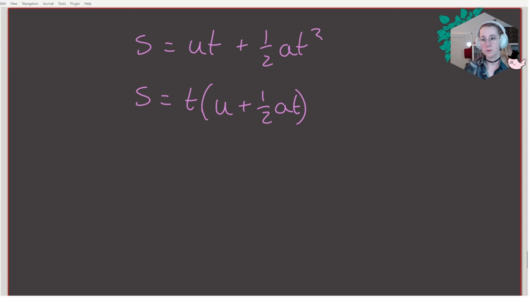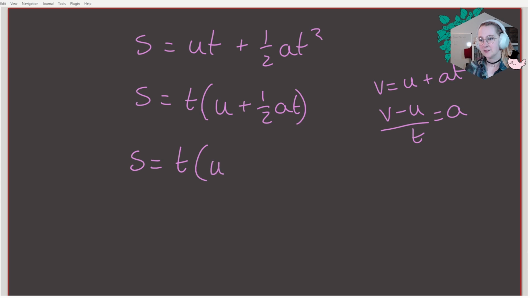We want to get rid of the a, so let's remember that we've got v is u plus at, so a is v minus u over t, remember our rise over run equation. That gives us s is t times u plus half of v minus u over t, times t.